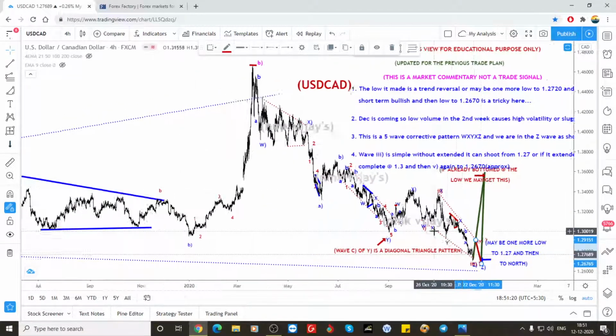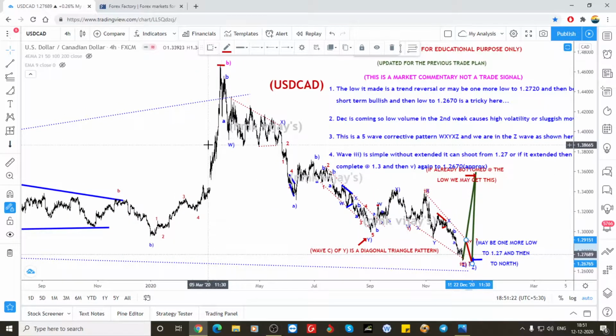So after this, my bias is it has to reach that 1.3850 to 1.4. Because there are a lot of three waves here, it could be like this kind of wave I needed from here to here. So this could be a 1.4, but it may be very fast, because this wave it already did.